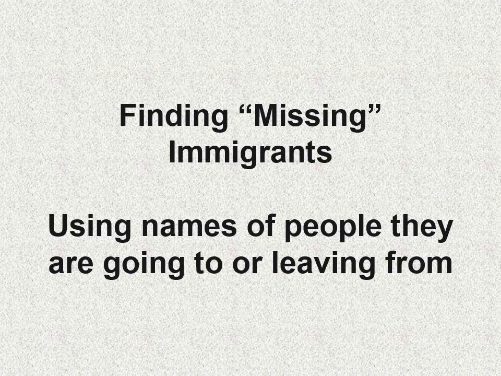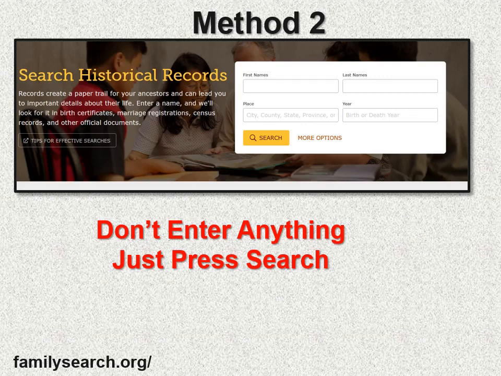Now I'm going to show you, since I have this example, another underused way of finding people that are missing from the manifest. And that's using the names of people they're going to or leaving from that you just saw. So here I am on FamilySearch.org. You'll see the opening search format. Ignore that.